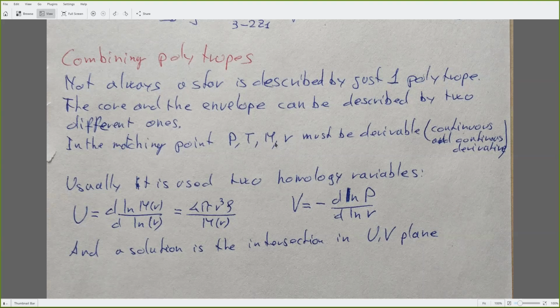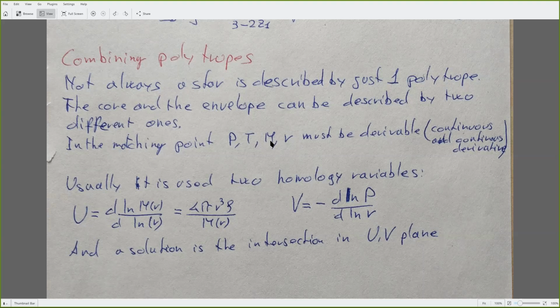Obviously the mass, because you cannot have that up to a certain radius you have half of the mass, and a little after you have more total mass. You can have infinite density there, or negative density. Mass cannot decrease.